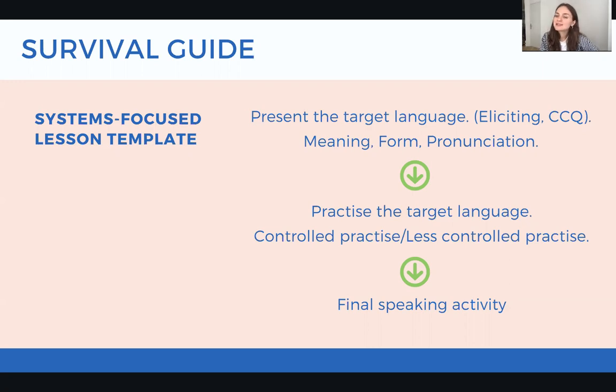Meaning is what it means, when is the appropriate moment to use it. Form is what type of verb, in which form is used here. What is the negative form? What is the question? What is the short answer? So this is the form. And the pronunciation.